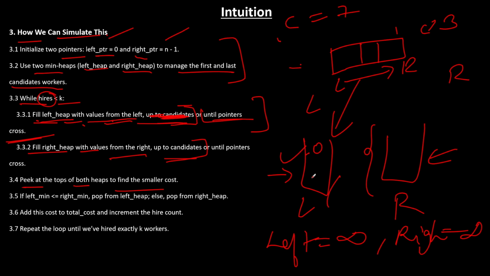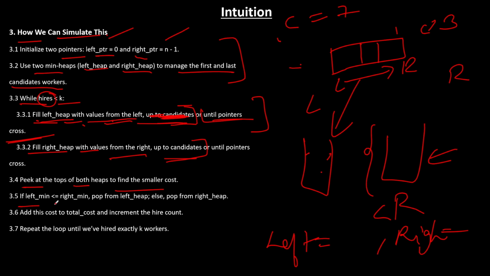Suppose we popped 0 and stored it here. 0 is smaller than the right because the right has max infinity, so our code still continues in that scenario. For that, we have to set both left and right as infinity initially each time we pop, so that we can compare and take the minimum. I hope this makes sense. This is not rocket science, this is why we're taking max infinity.